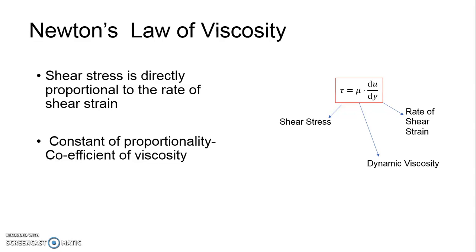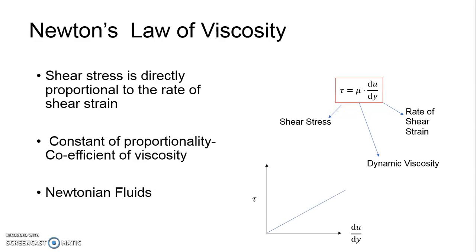And the constant of proportionality here is the coefficient of viscosity, and the fluids which obey the rule tau equals mu into du by dy, or the fluids where tau divided by du by dy equals mu, are called Newtonian fluids. The fluids which obey Newton's law of viscosity are called Newtonian fluids.